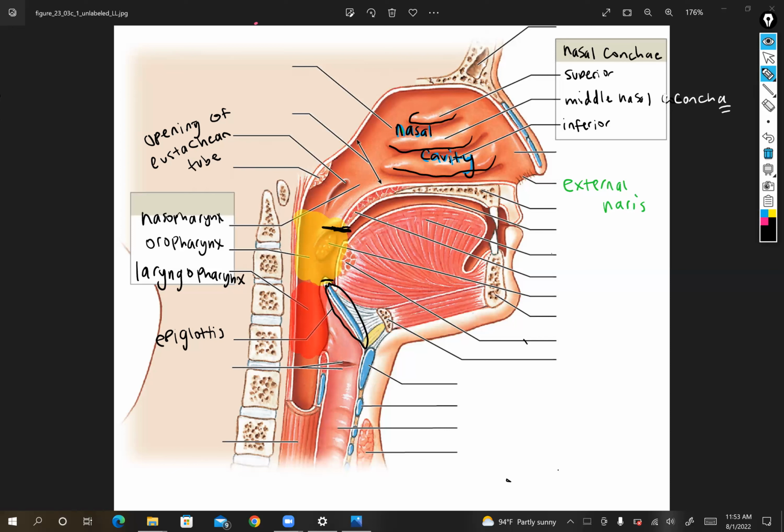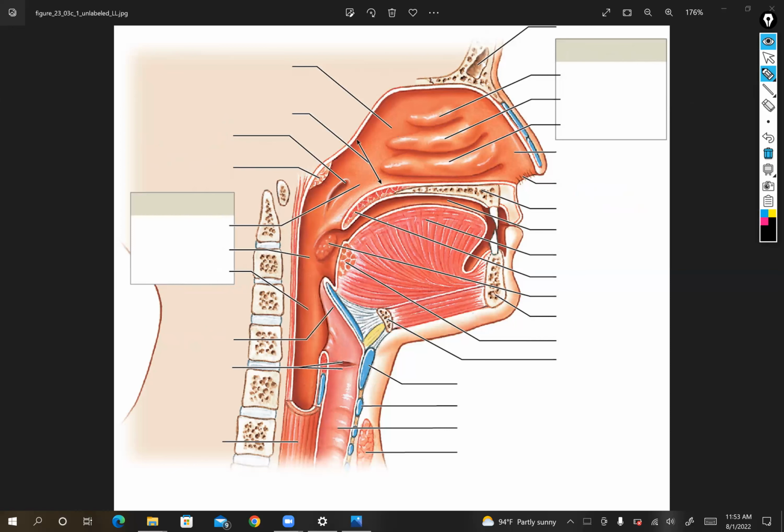Okay, so moving on down from there, we've got the larynx and the epiglottis, which I'll relabel. And then anteriorly, on the front of the larynx, we've got the thyroid cartilage.